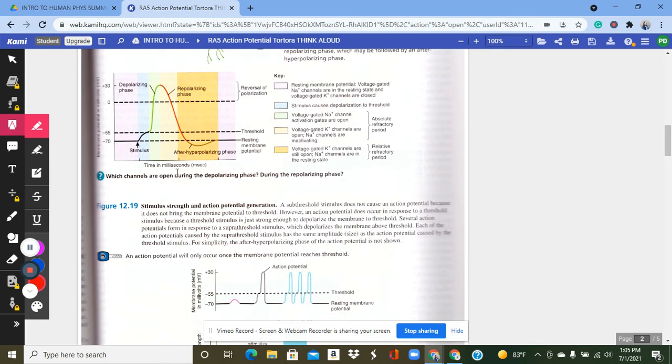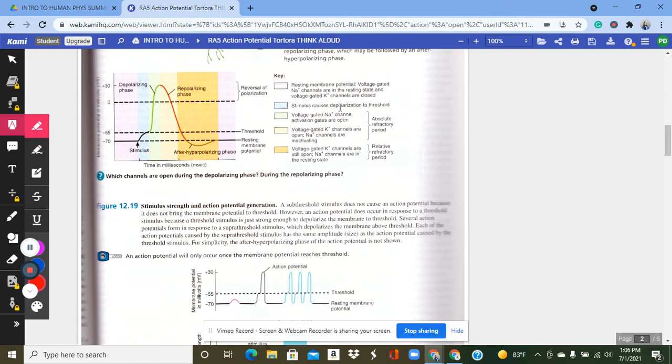So which channels are open during the depolarizing phase, and during the repolarizing phase? Okay, I'll answer the first question first. Which channels are open during the depolarizing phase? It's mentioned here in the key, but basically, following depolarization, the voltage-gated sodium ion channels are open, and while the cell undergoes depolarization, they close again.